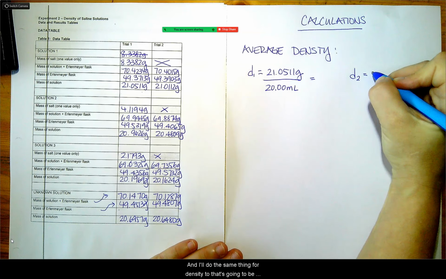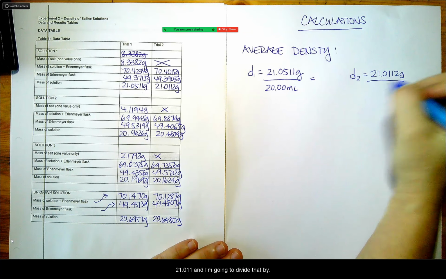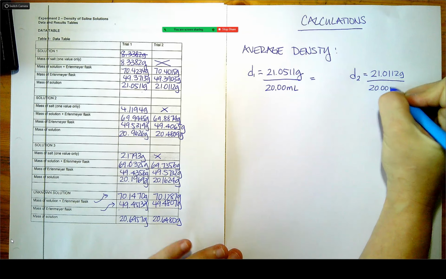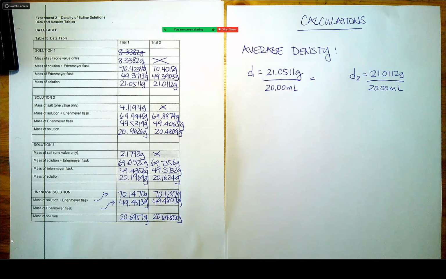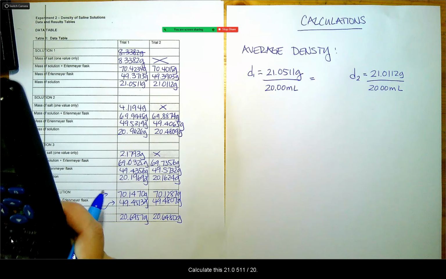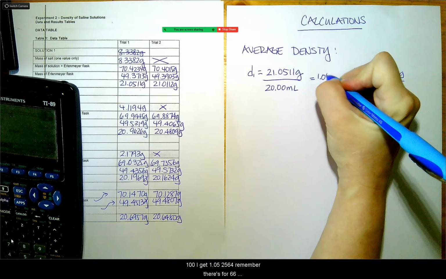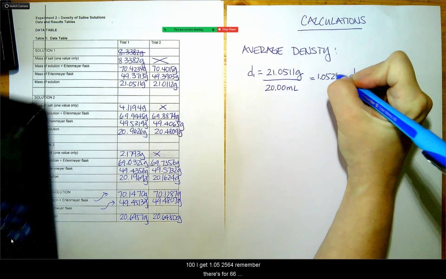That's going to be 21.0112 grams, and I'm going to divide that by 20 milliliters. All right, so if I do this for my solution 1, I'm going to calculate this, 21.0511 divided by 20.00. I get 1.05256.